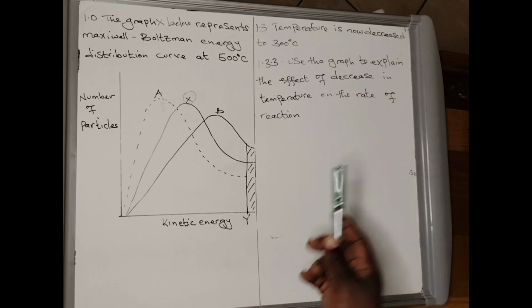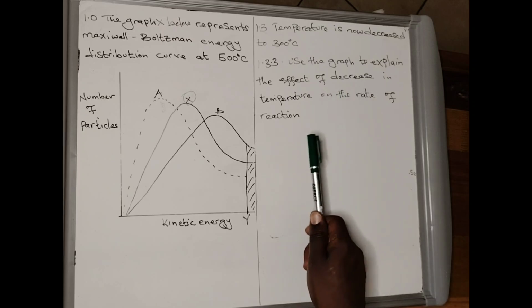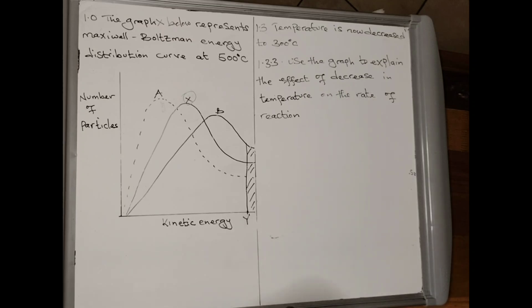First of all, we don't know the effect, but you can easily realize it. When you decrease temperature, what happens to the rate of reaction? Like I told you before, temperature is one of the 6 factors affecting the rate of reaction. And the decrease in temperature decreases the rate of reaction. So that one is known.